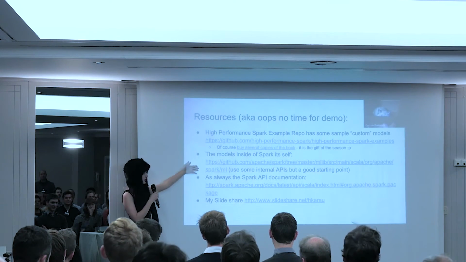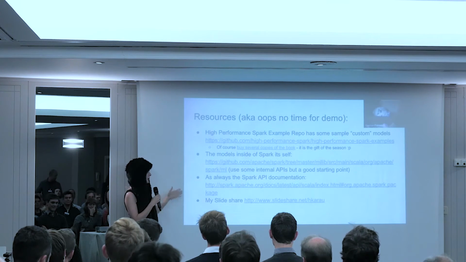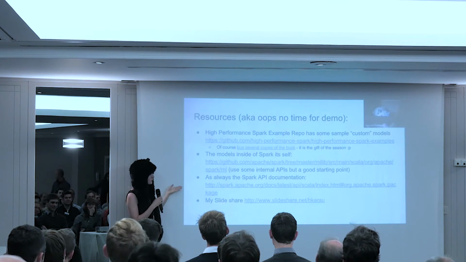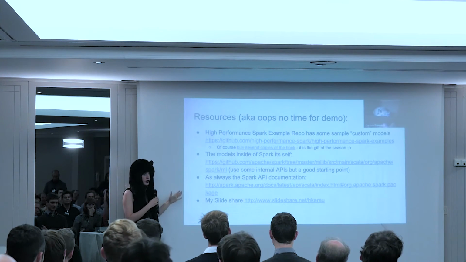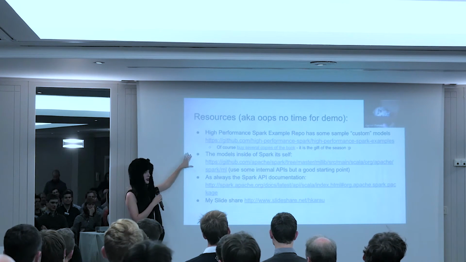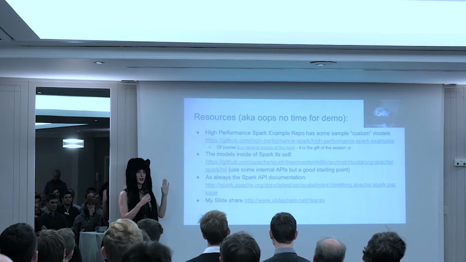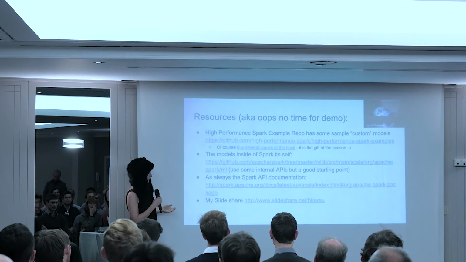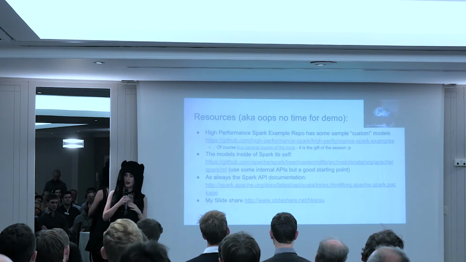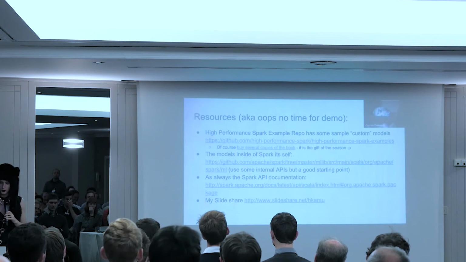The models inside of Spark itself are pretty good, and if you really don't like reading code, the API docs are good, but I strongly encourage you to actually look at the code. The API docs leave a lot out, for better or worse, and you can find my slides. Let's look at the GitHub.